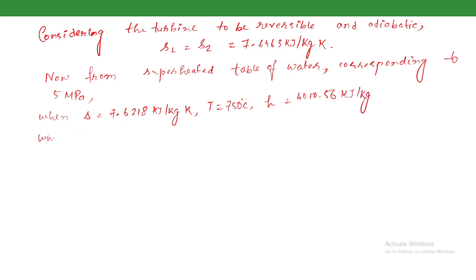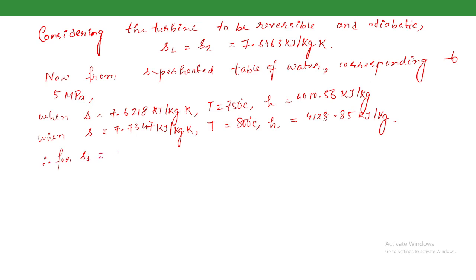And when the entropy is 7.7347 kilojoule per kg Kelvin, then the temperature is 800 degrees Celsius and the enthalpy is 4128.85 kilojoule per kg.